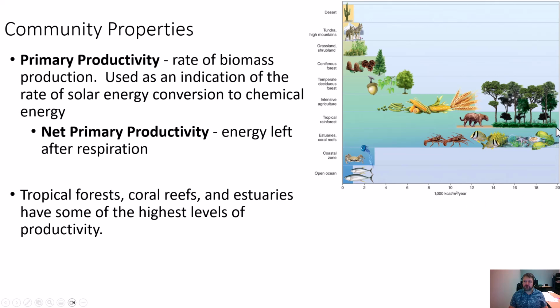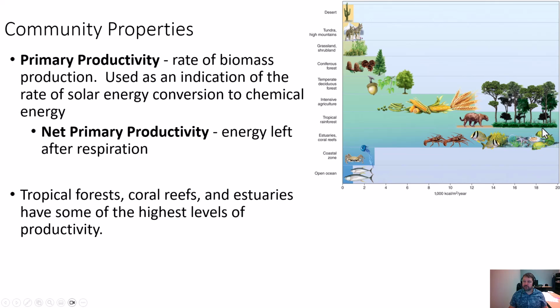So you can see that estuaries, coral reefs, rainforests, they're producing 20,000 kilocalories per meter squared per year, while you go to open ocean or the desert and they're producing 1,000 kilocalories per meter squared per year. So 20 times more productivity in estuaries, coral reefs, rainforests than you see in the desert or the open ocean.